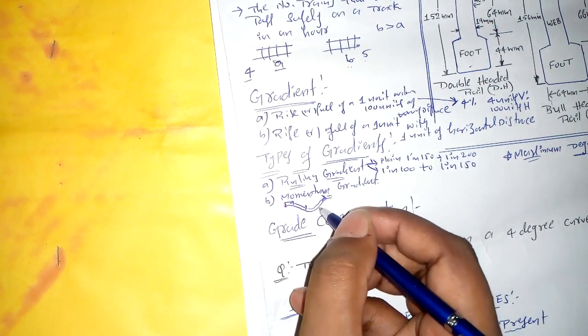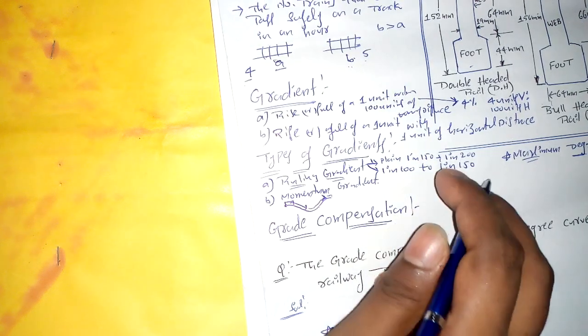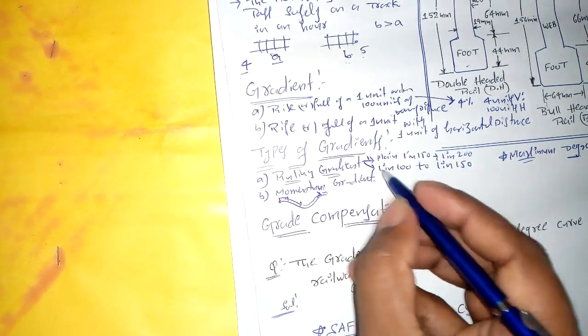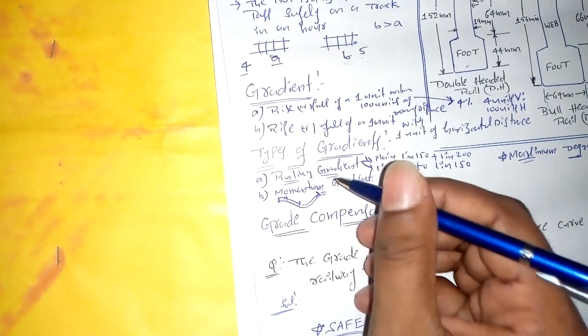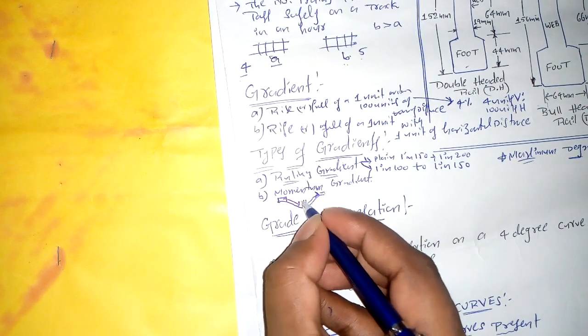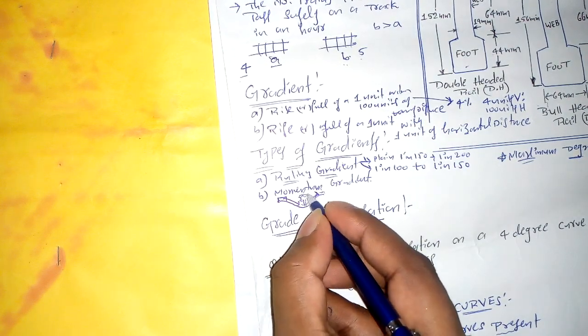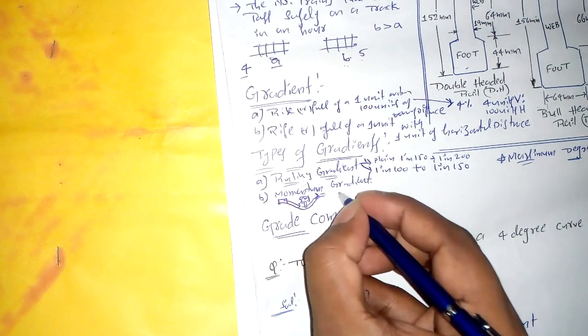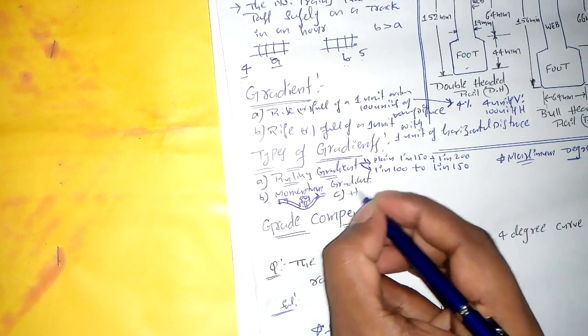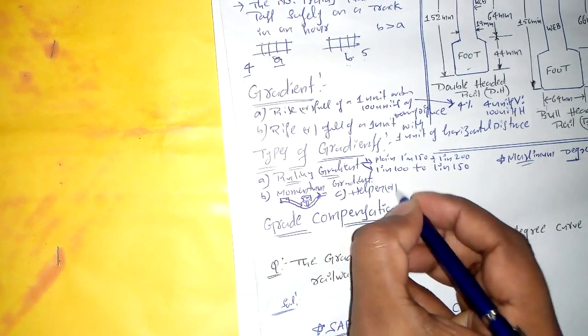So there is no need to provide additional engine or energy. Such a gradient is known as momentum gradient, where signals must not be provided.